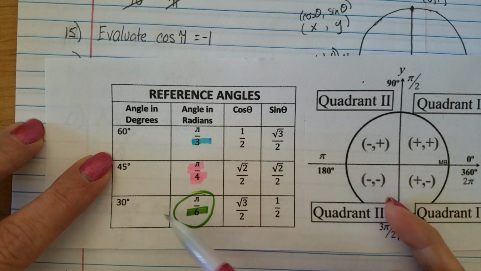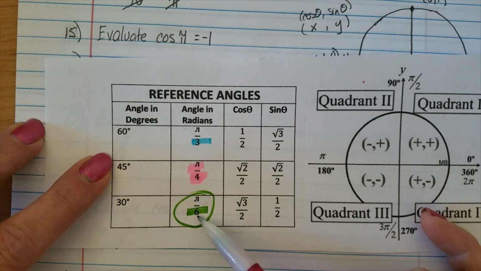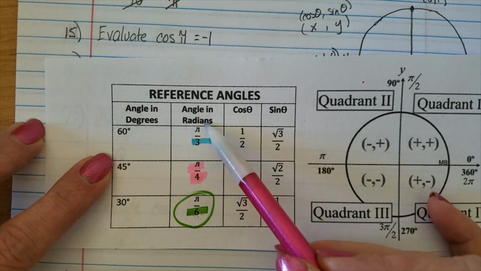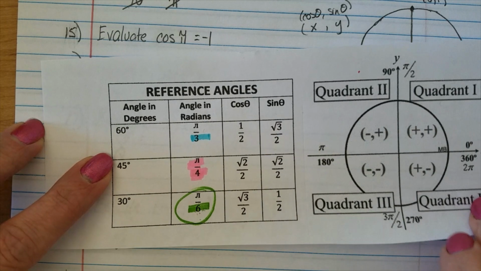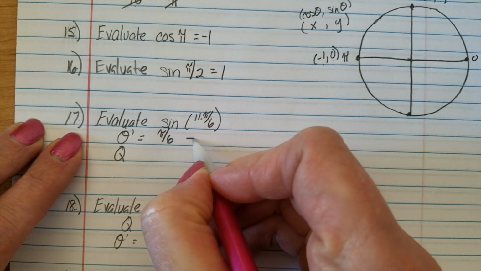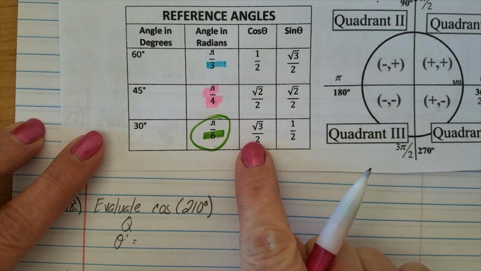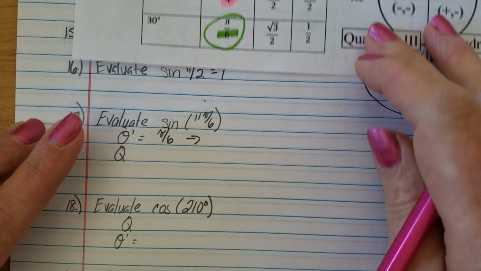Right here are your common reference angles and their values. So if we have a 6 in the denominator, your reference angle here is pi over 6. And if my reference angle is pi over 6, here's my ordered pair, square root 3 over 2 and 1/2.